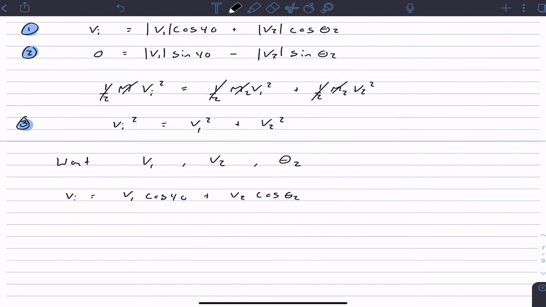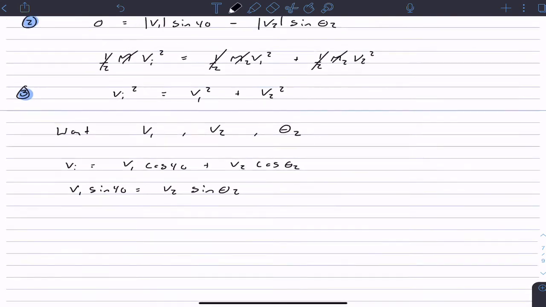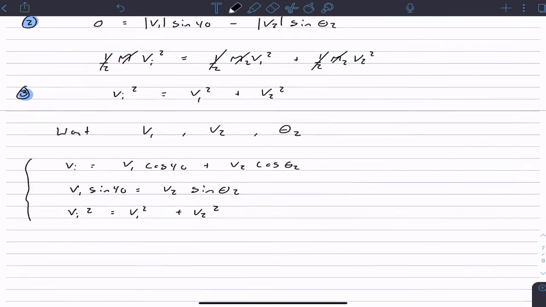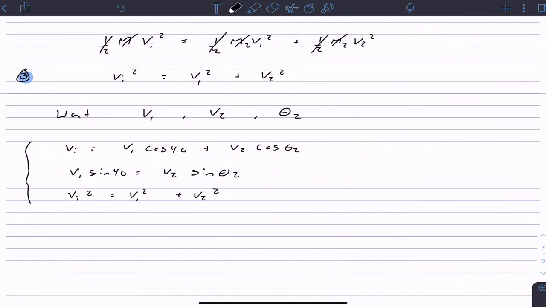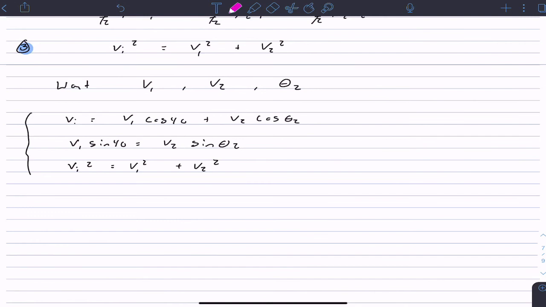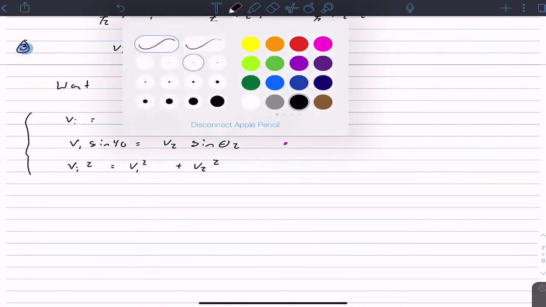Just going to rewrite them real quick so we can see what's going on. This is going to be v1 sine 40 is equal to v2 sine theta 2. And then we also have vi squared is equal to v1 squared plus v2 squared. Okay, so let's take this equation here and plug it into another one, because that's the easiest one to solve for right now.